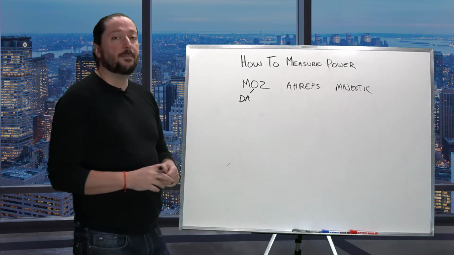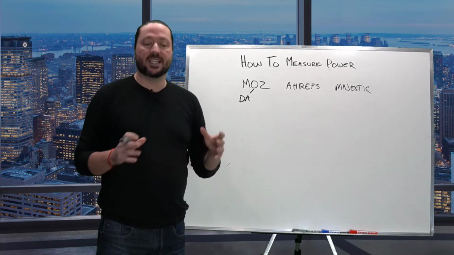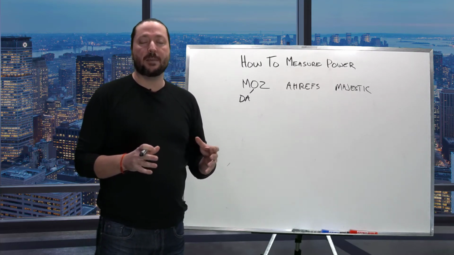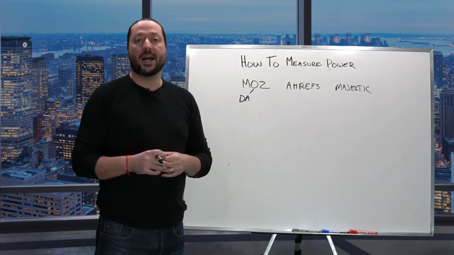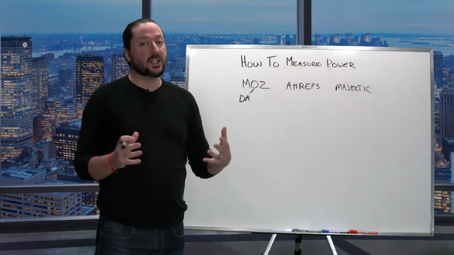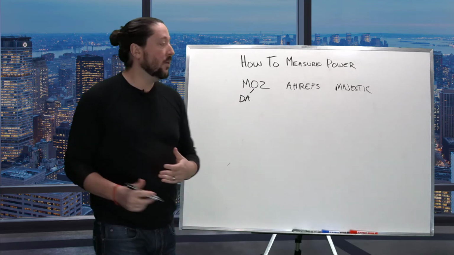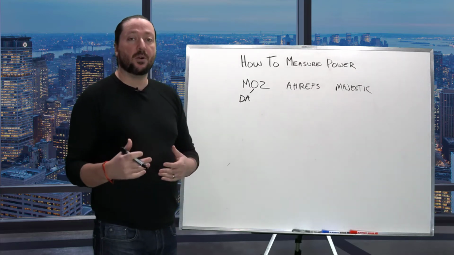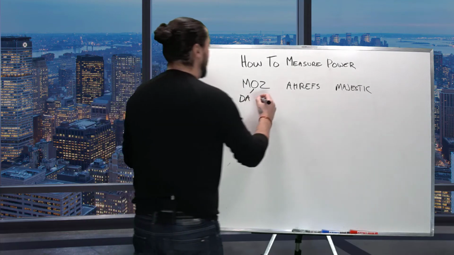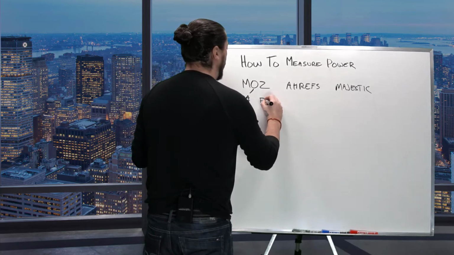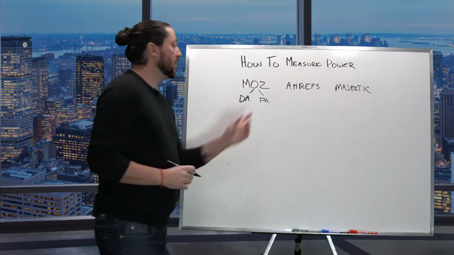The other metric that Moz will look at when they're looking at a specific page, so if you had a site abc.com, but then you had a page on that site, not the actual domain, but just a page, abc.com/page1, to measure the power of that, they use something called PA, or page authority. And that's just a little bit different.